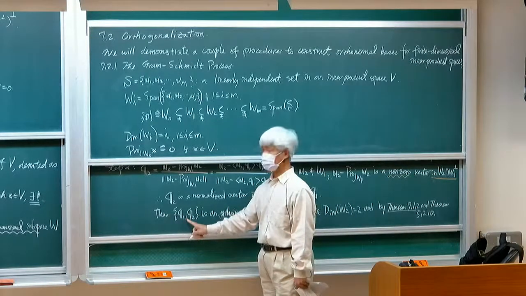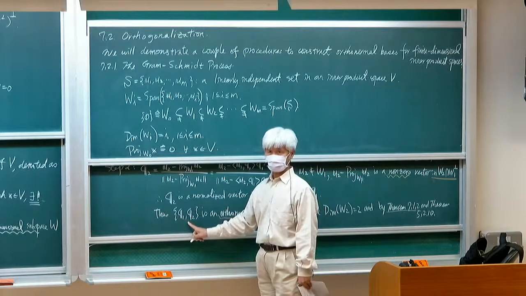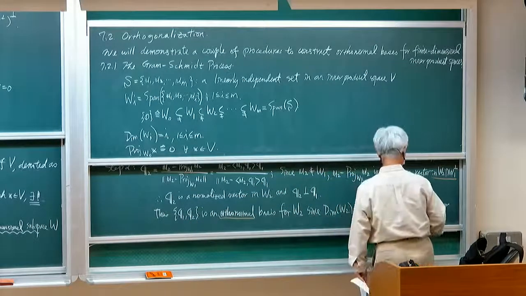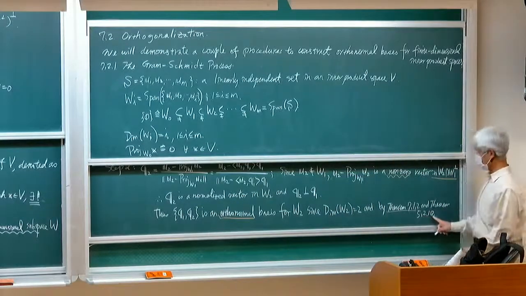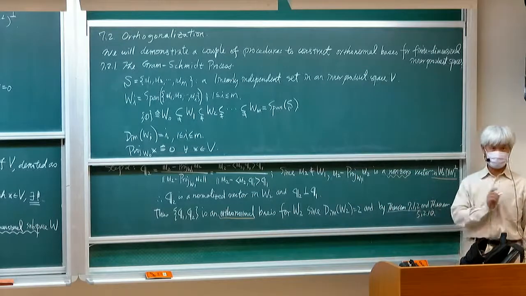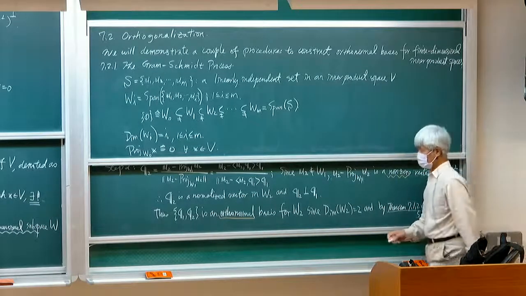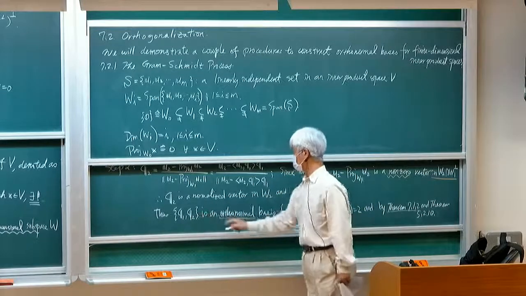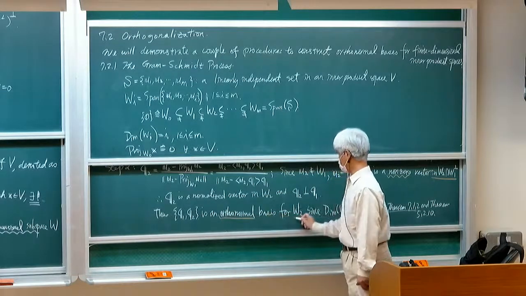Now we have a linearly independent set of size 2, and 2 is equal to the dimension of W2. So theorem 5.2.10 says that such a linearly independent set must be a basis. So the conclusion is that Q1, Q2 form an orthonormal basis for W2.